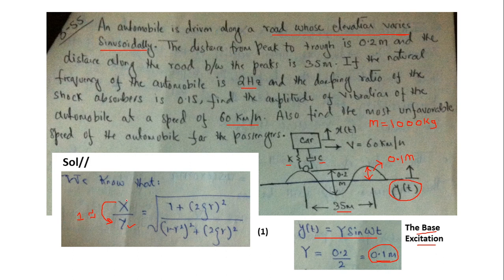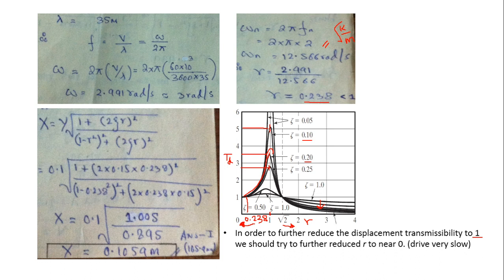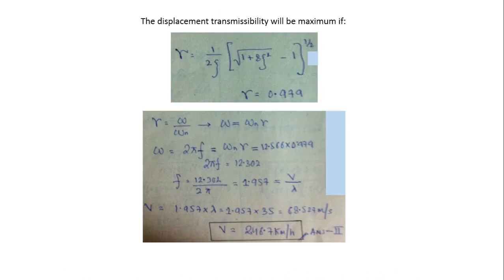If the passengers feel more and more displacement transmitted to them, it will become very inconvenient for them, and this will happen when you are operating near the peaks. So the peaks will occur at this value of r.